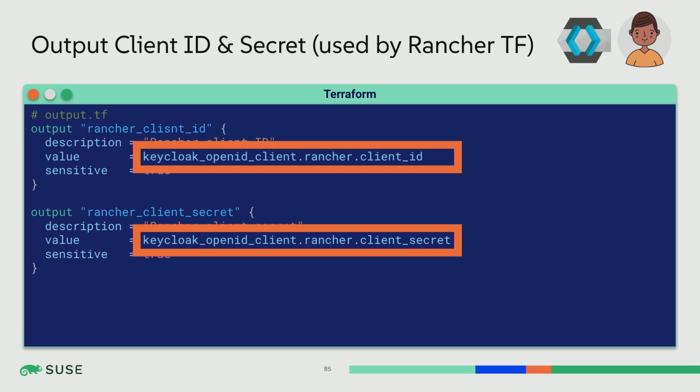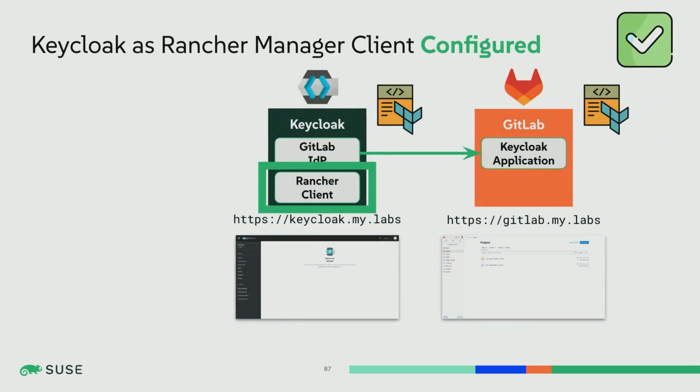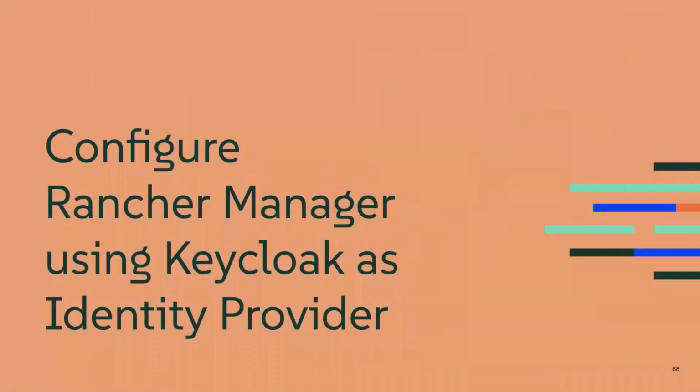So let's output it for the Rancher configuration. Now it's configured: we have both the Rancher client and the GitLab IDP in Keycloak.